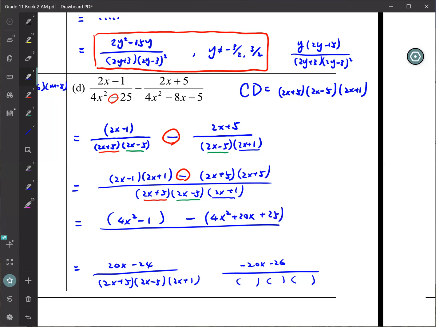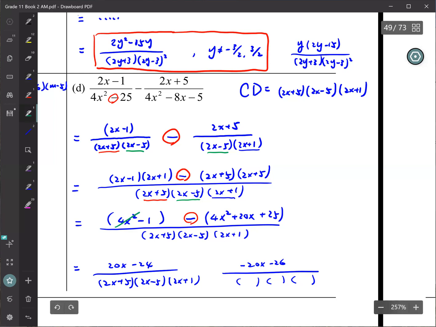So you can see that I still keep it in brackets. The denominator, I'm just copying it. Now we just combine like terms. Be careful when you do subtraction. There's a subtraction for that.